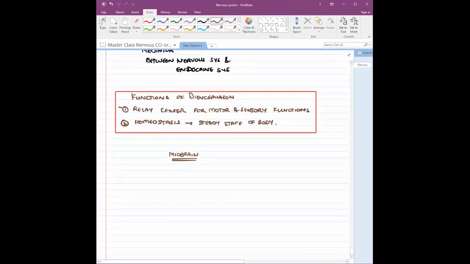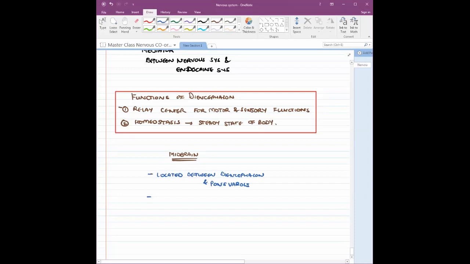Just to tell you the location, guys, this is the one which is going to be located between your diencephalon and the second thing, that is your pons, the pons varolii. And guys, what is this midbrain going to also do?